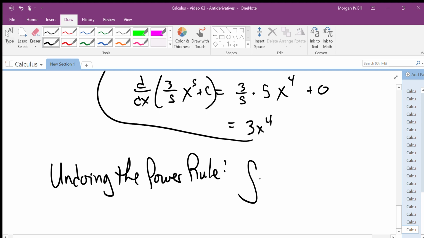The integral of x to the n dx is equal to, we'll add 1 to the exponent, so now it becomes x to the n plus 1, and then we'll divide by that new exponent, in this case n plus 1. And then don't forget your constant of integration plus c, because there could have been some constant in that function there. That is undoing the power rule.